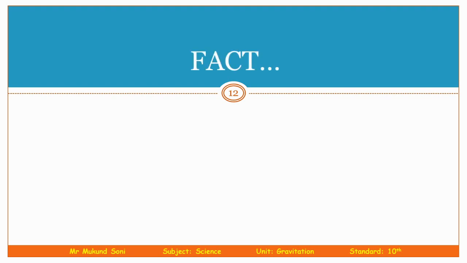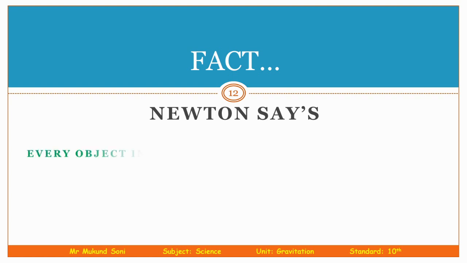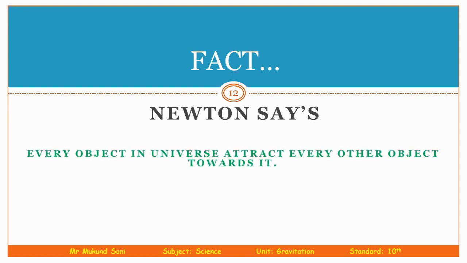Now, every object has a pull. That is a fact, right? And who stated that fact first? Newton. What did he say? He said every object in the universe attracts every other object towards it. Like in this case, Mahindra was attracted or pulled by Earth.